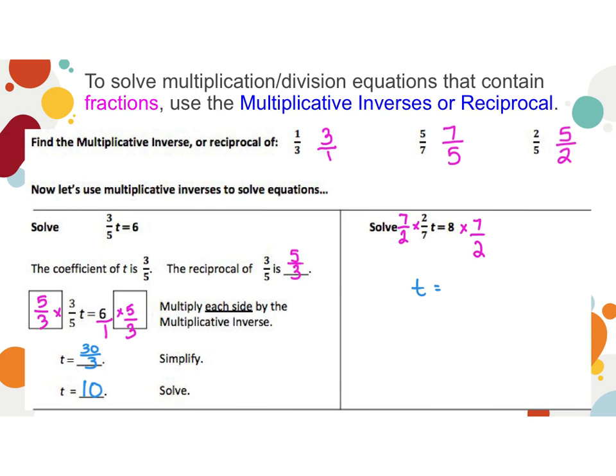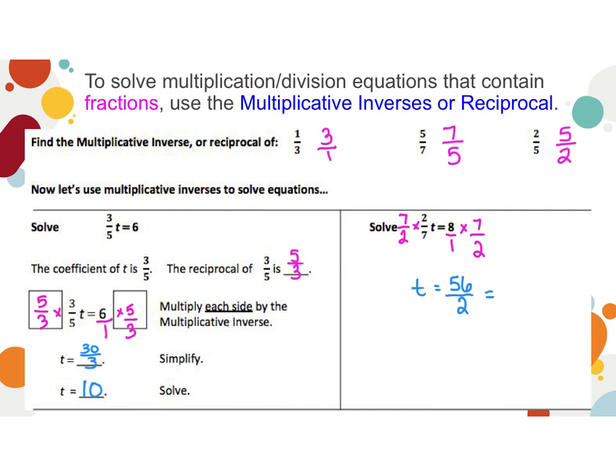And to make our whole number on the right, 8, into a fraction, we will put that over 1, and then we will multiply across. So 8 times 7 is 56. 1 times 2 is 2. And our last step would be to simplify our answer.